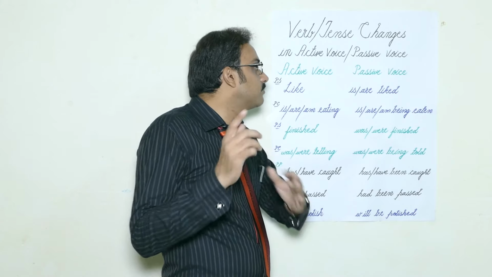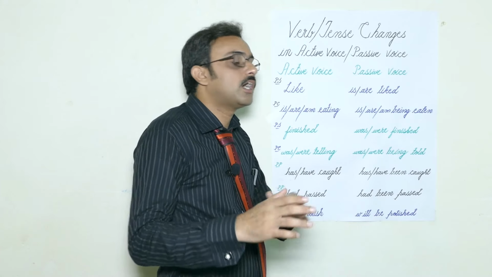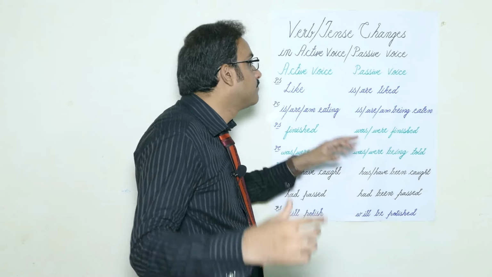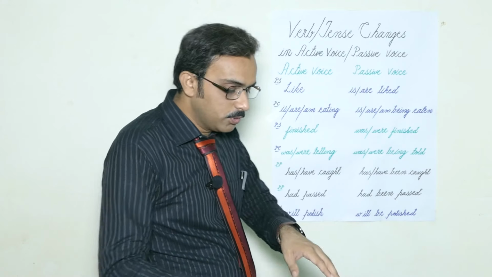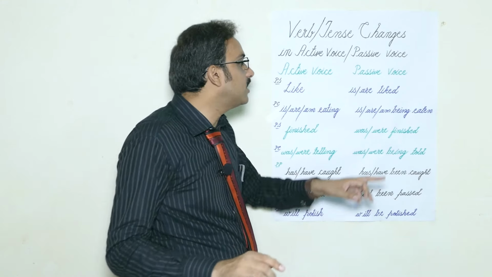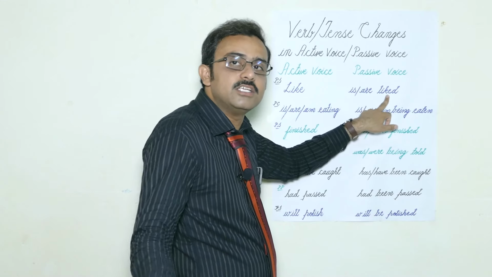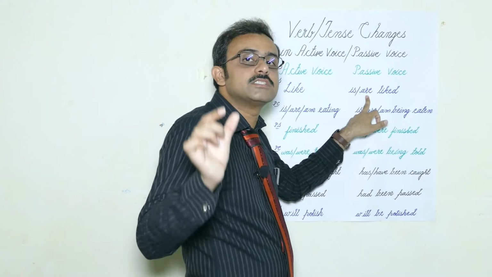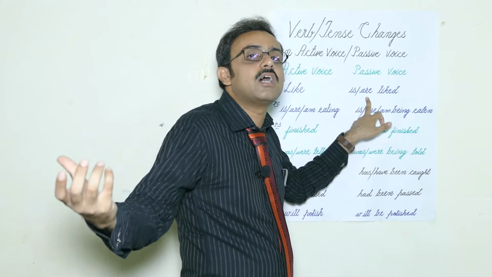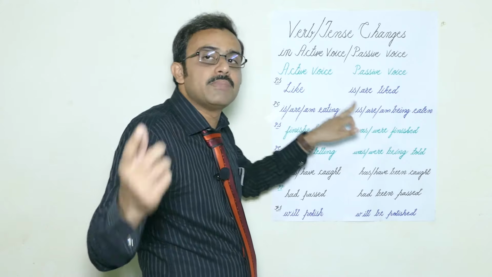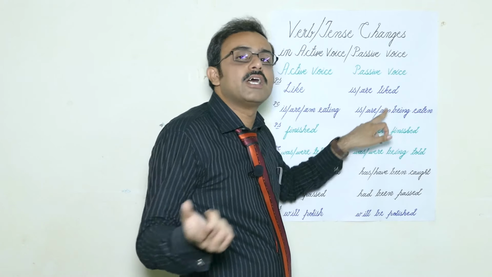But when I change it into passive voice, I would make a sentence like mangoes are liked by me. So what I did, I used liked and are, because the subject was plural, mangoes are. I like mangoes, mangoes are liked by me.